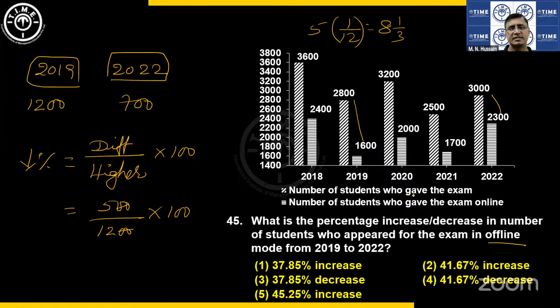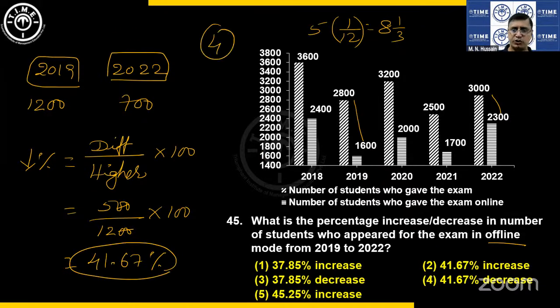What is the answer? 5 into 8, 40. 40 plus 1 and 2 by 3. 1 and 2 by 3 means 41.66, which is equal to 41.67. So right choice, option number 4. Fourth choice is the right choice.